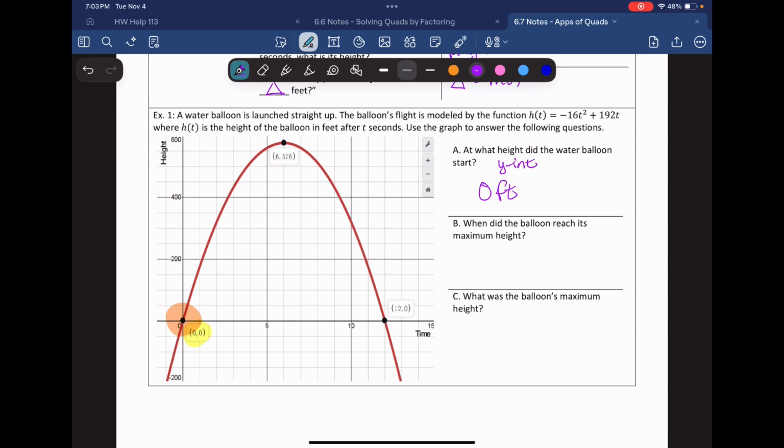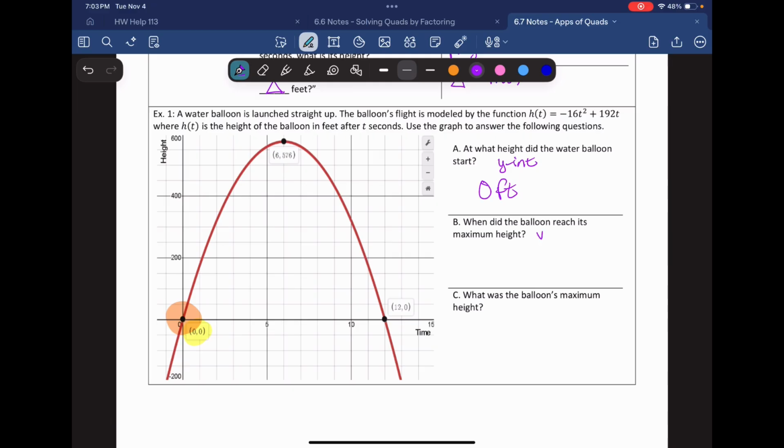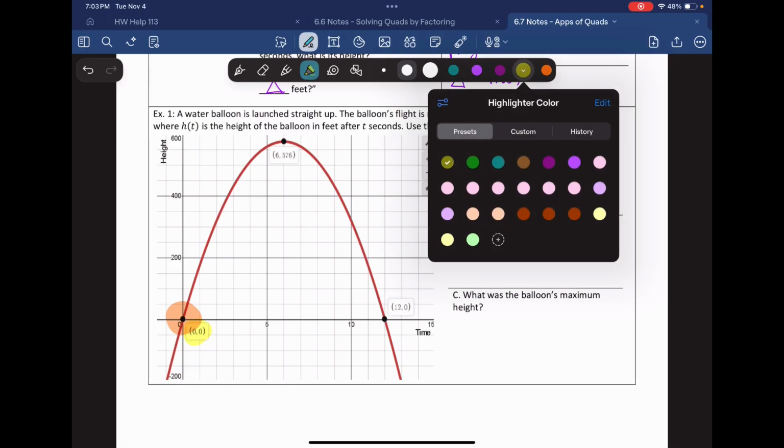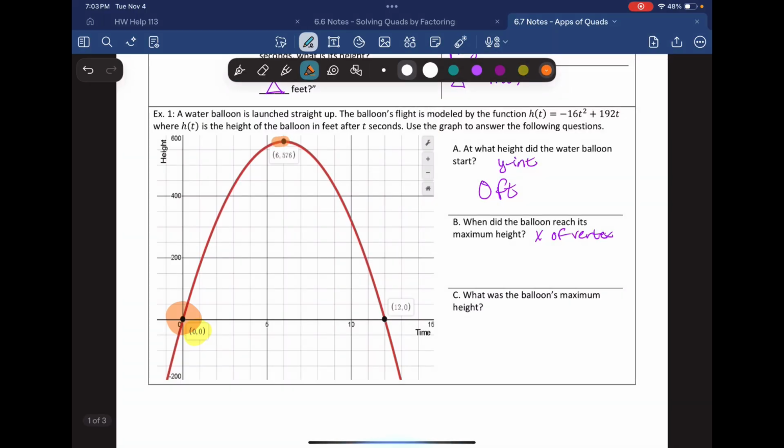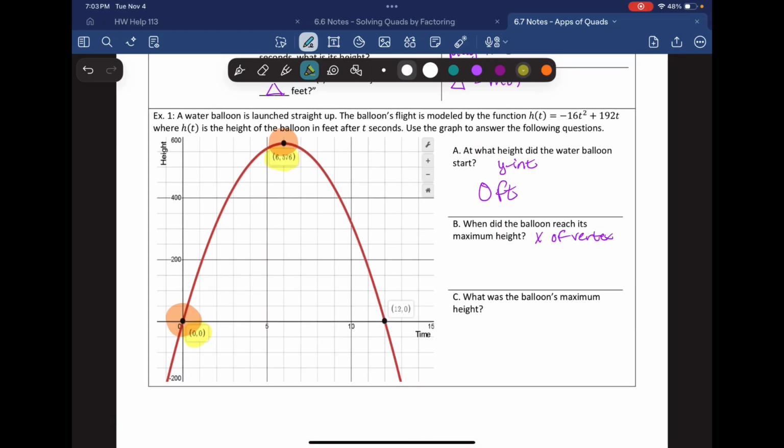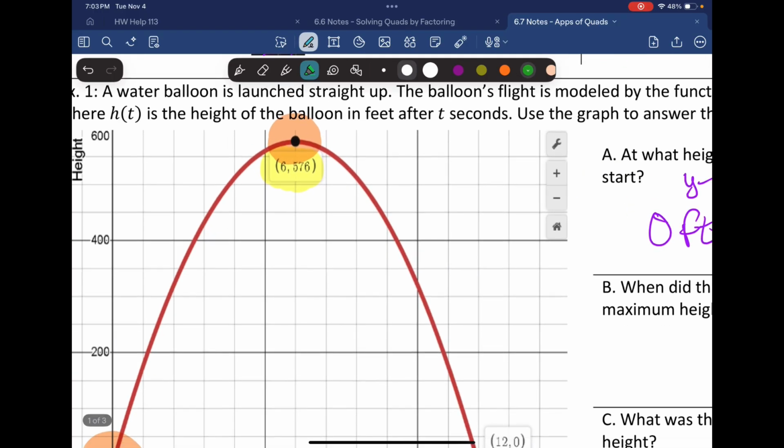When did the balloon reach its maximum height? So this is the x of the vertex. So the x of the vertex, this is the vertex. So I'm looking at the ordered pair, specifically at its x-coordinate.